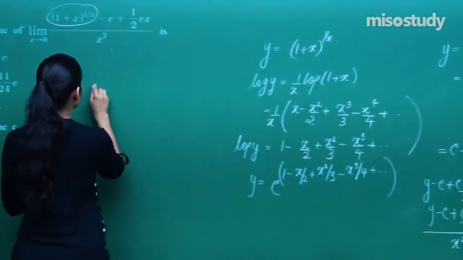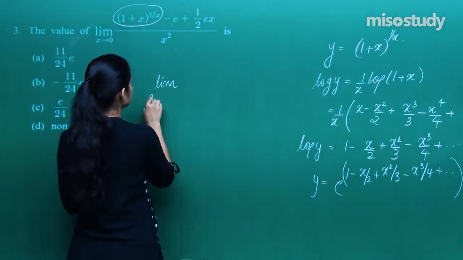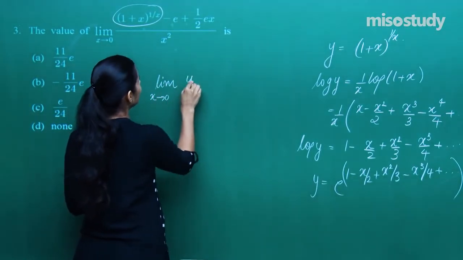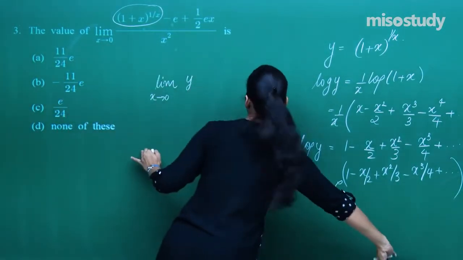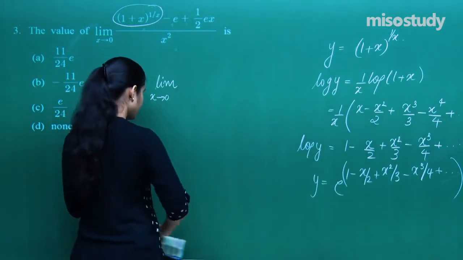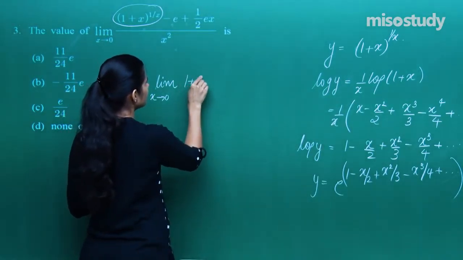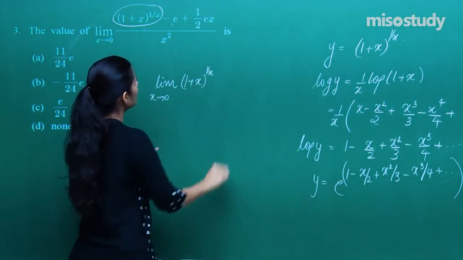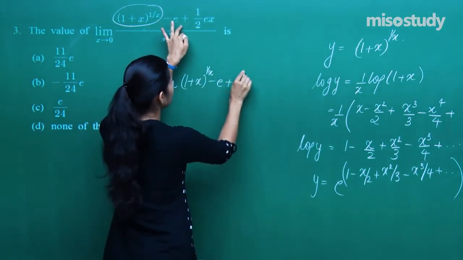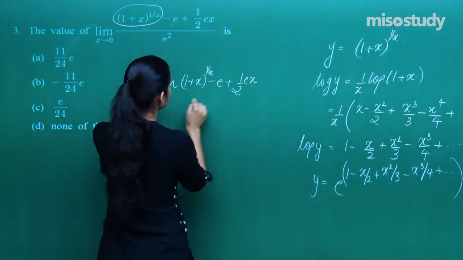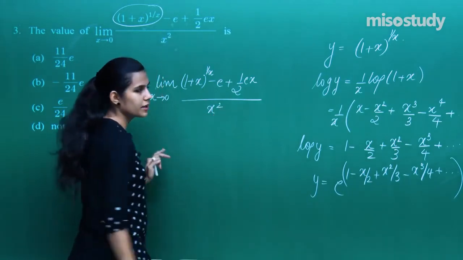I am just interested in the limit x tends to 0, y is nothing but 1 plus x whole to the power 1 by x. Let me replace that by the expression y minus e plus 1 by 2 ex whole upon x square.